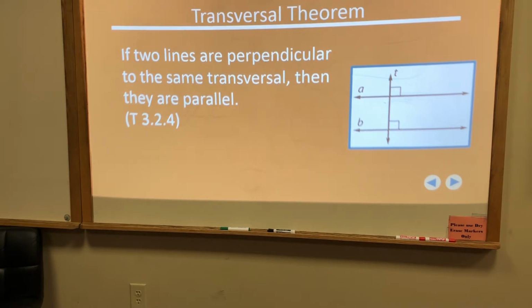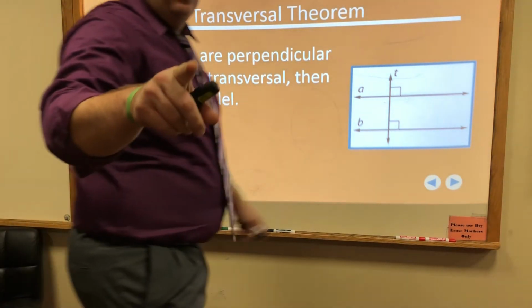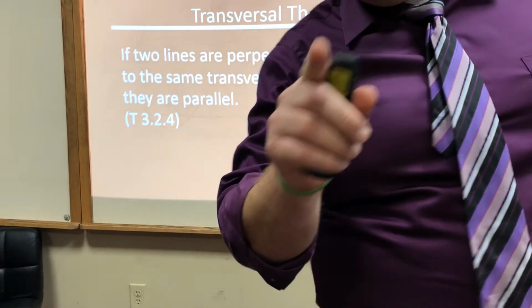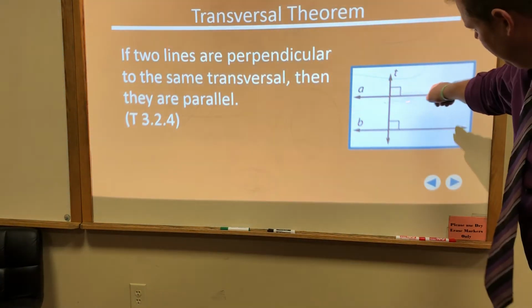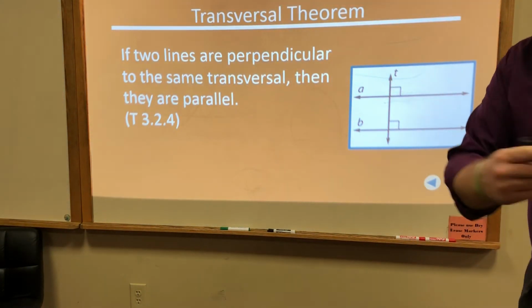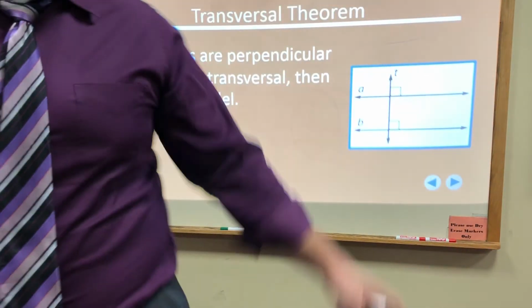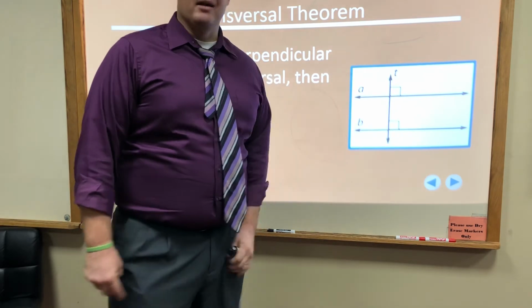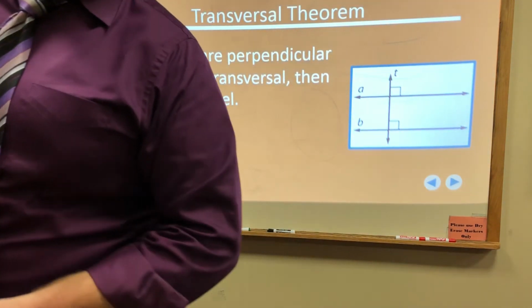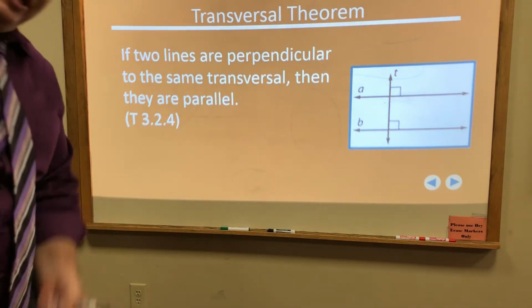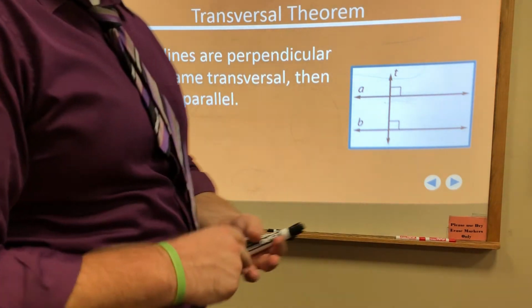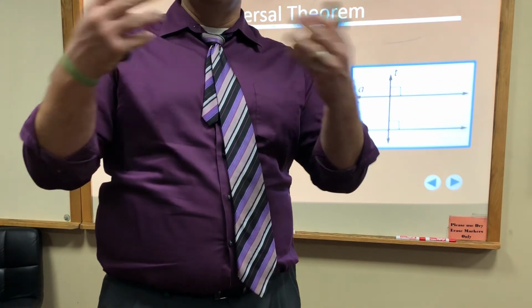Now, we have to review something in order to do this. What do we know about perpendicular lines? What you know about perpendicular lines, and this is important, is that if they're perpendicular, then they will have a right angle. So that's something that is important. Why is that important? Because then you have an angle, top and bottom, which then allows you the privilege to use alternate interior, alternate exterior, corresponding, or consecutive, because you have angles that are congruent.